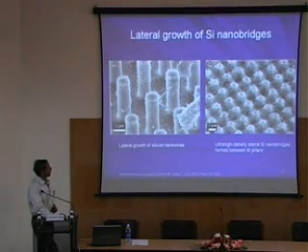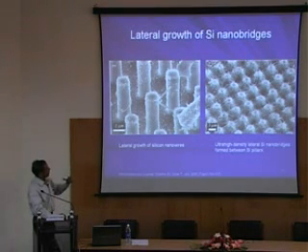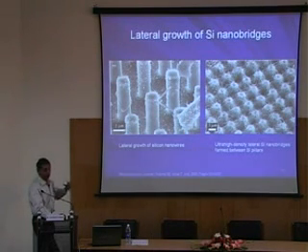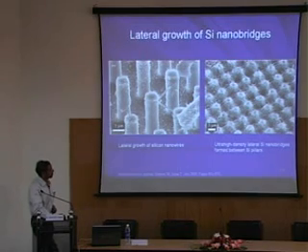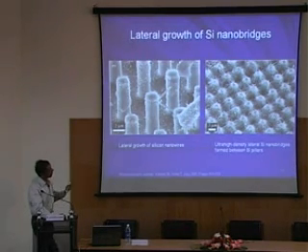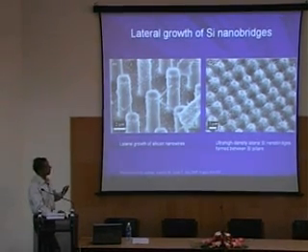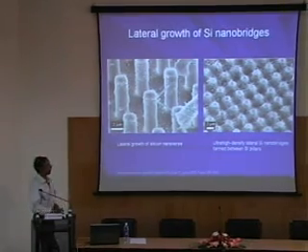These are prefabricated vertical silicon nanowires, and then you can horizontally grow silicon nanowires in order to connect these vertical nanowires. This is another picture which shows hundreds of these nanowires grown horizontally to connect the vertical silicon nanowires.